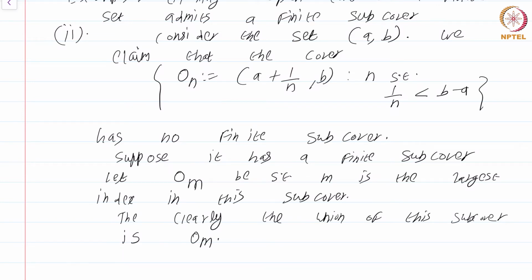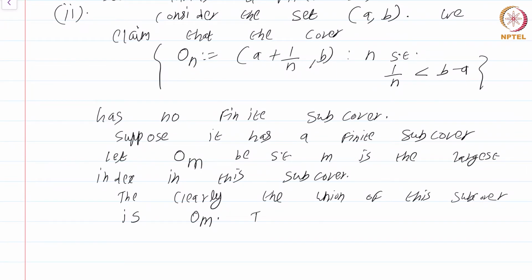So this m is the largest index, so all other indices are less than m. Therefore, (a + 1/m, b) will have to contain all such sets of the form (a + 1/n, b). So this means we are in the peculiar situation that (a, b) is a subset of (a + 1/m, b), which is nonsense.